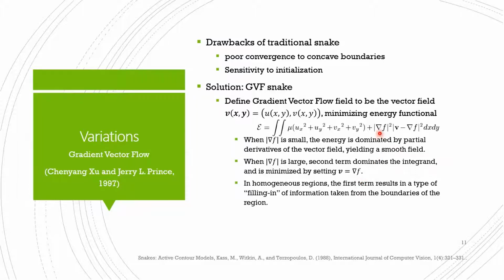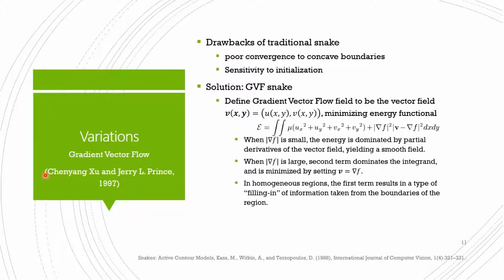And when delta F is large, the second term dominates, and it is minimized when V is equal to delta F. That is, the vector flow becomes equal to the image gradient, the image force. So in homogeneous regions where there is no image gradient, the first term results in a type of filling in of information taken from the boundaries of the region.